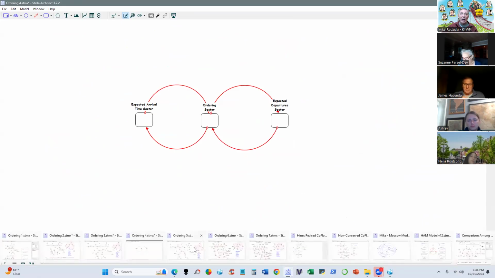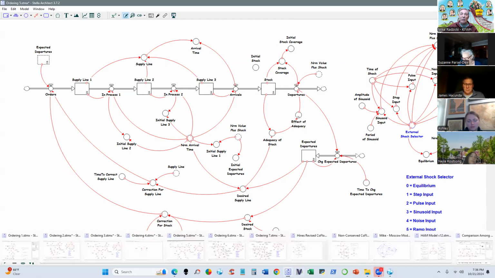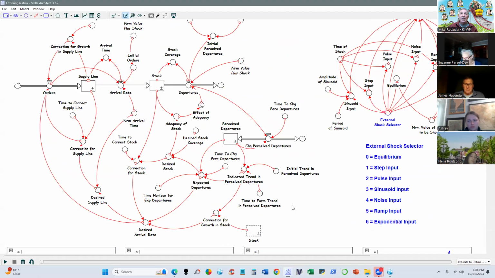Then I said, all right, what if I wanted to just replace this third order delay, but without the modules. So what I did was I simplified the expectation structure.